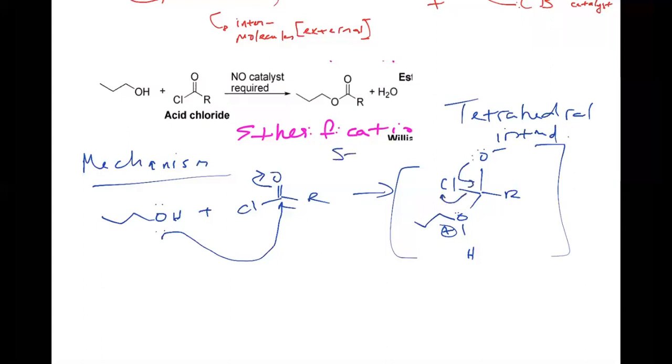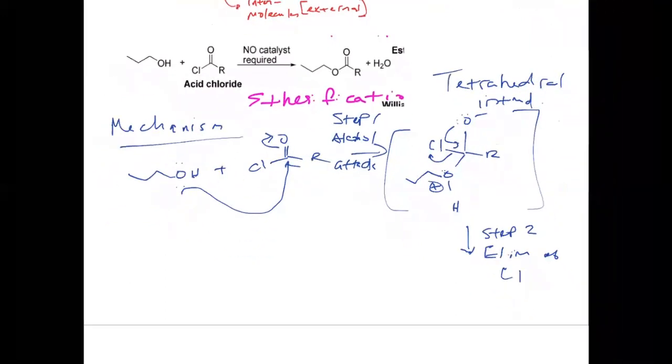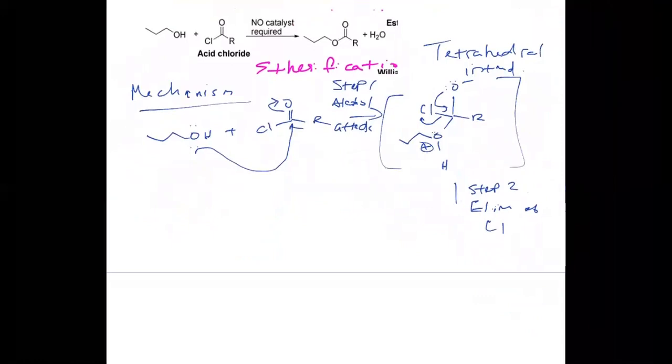So step one is going to be attack of the alcohol. And then step two is going to be the elimination of chlorine. Right, so you're going to lose chlorine as a leaving group in this case. And then in doing so, you're going to reform the C=O pi bond. So you end up here.